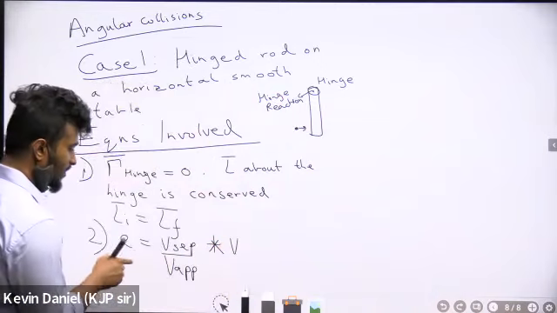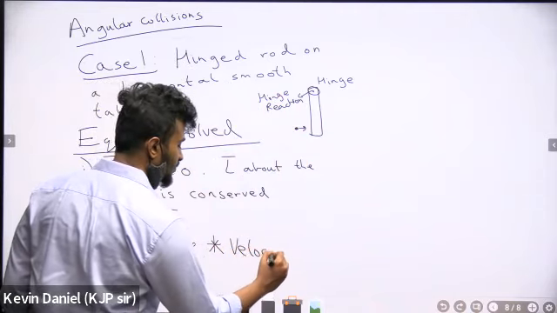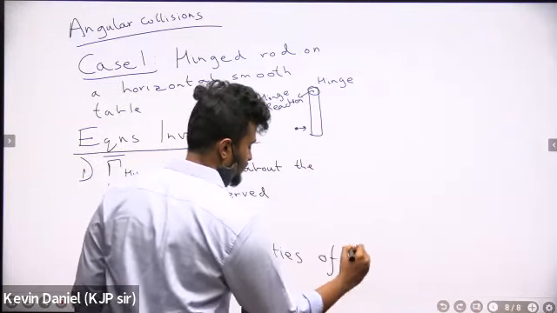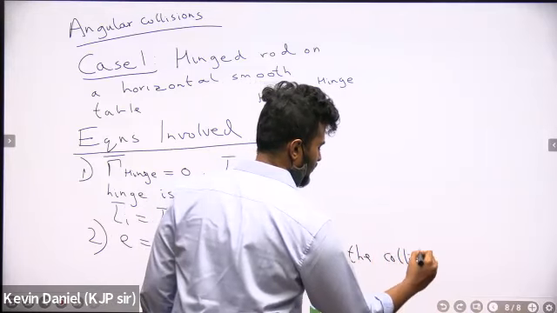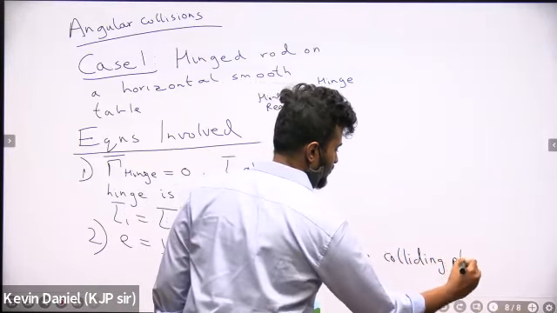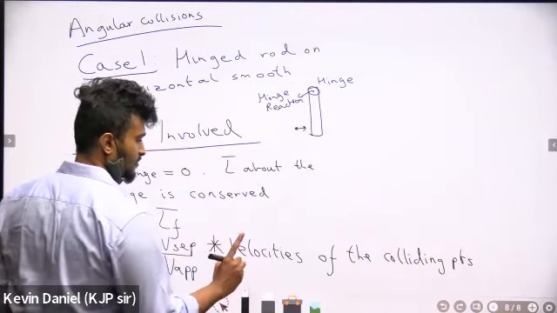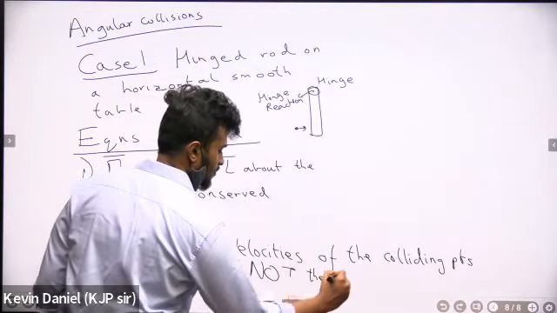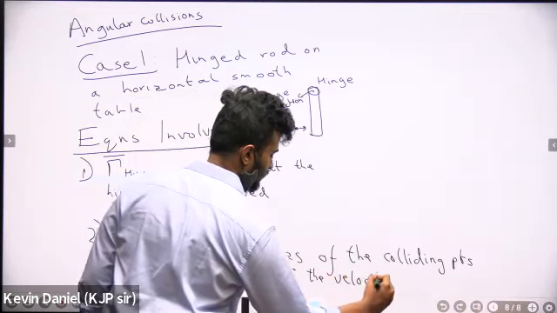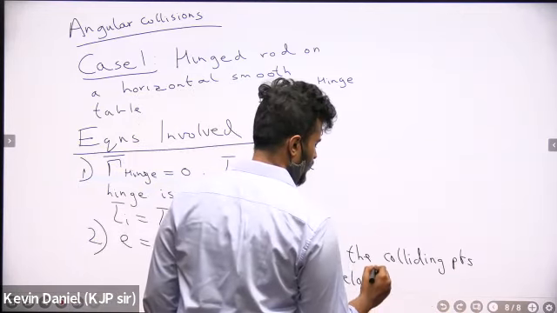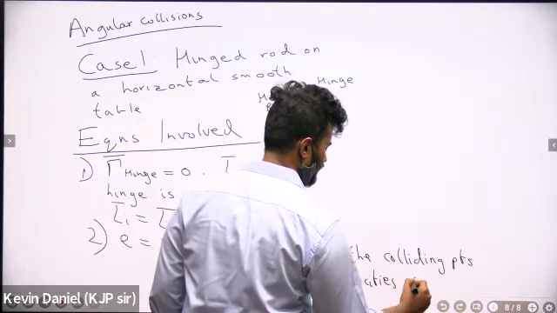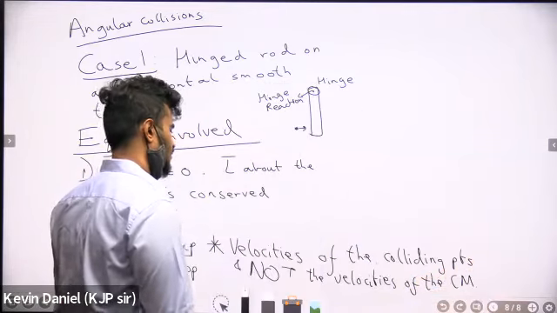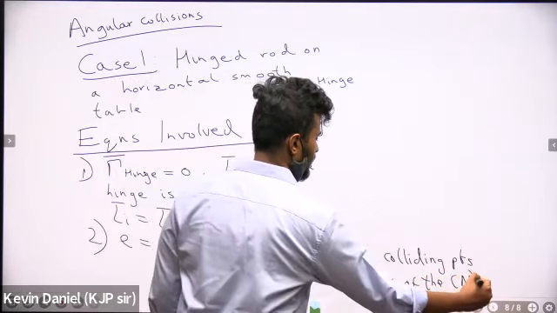Whatever velocities we take in this equation will be velocities of the colliding points, the points of contact, not the centers of mass, and not the velocities of the center of mass.